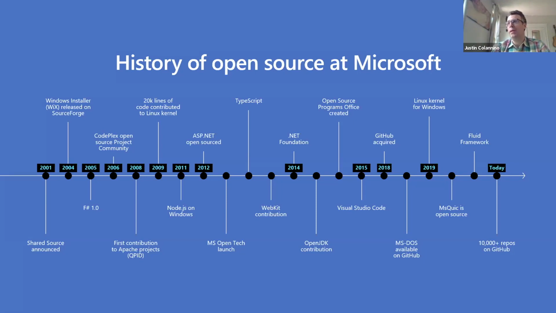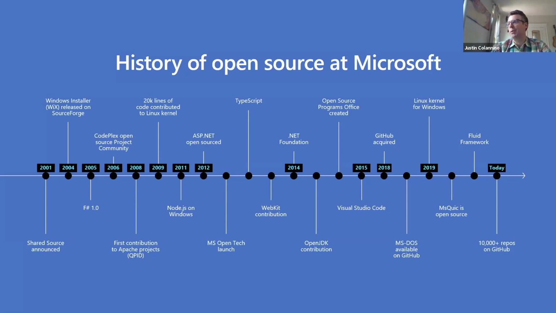And then I think Microsoft really started trying to engage in various ways as it took more dependencies on the inbound side. Then it started going through MS Open Tech, where it's trying to figure out the right way to engage with the community on an outbound level.